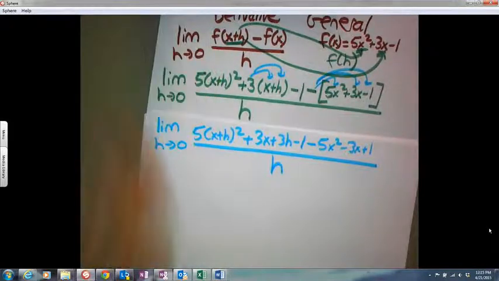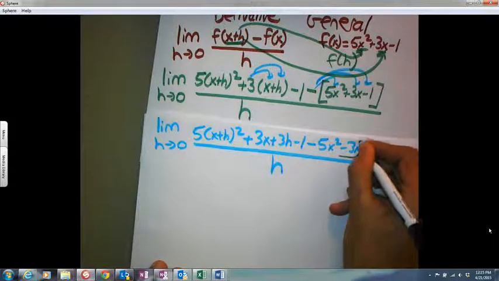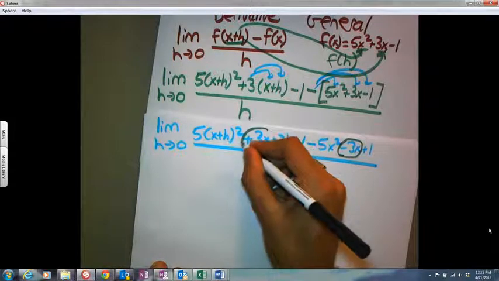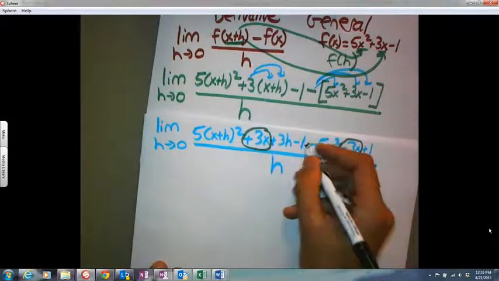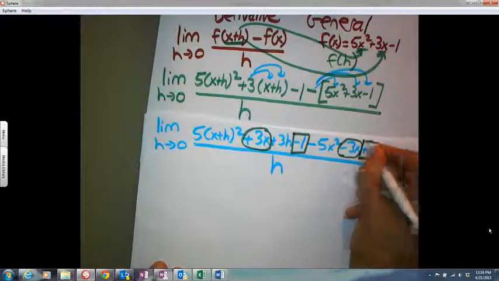Take care of the cancellations that are appearing. Everything that is circled or boxed will be canceled.